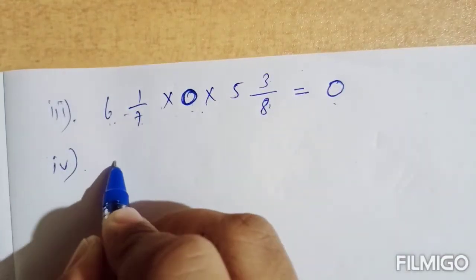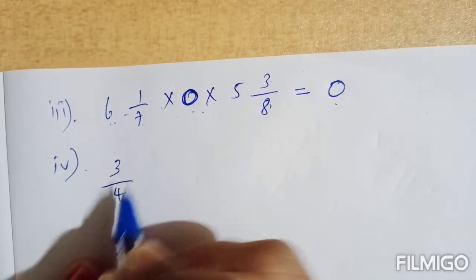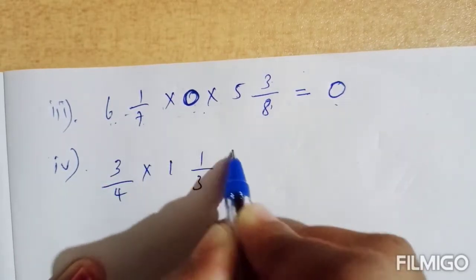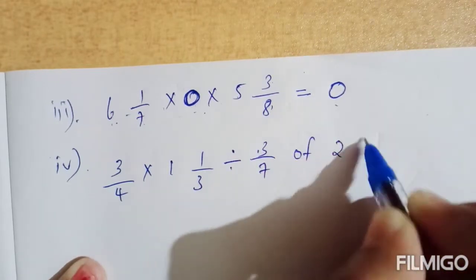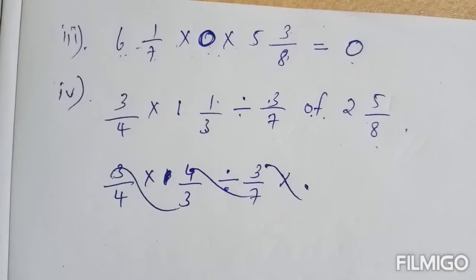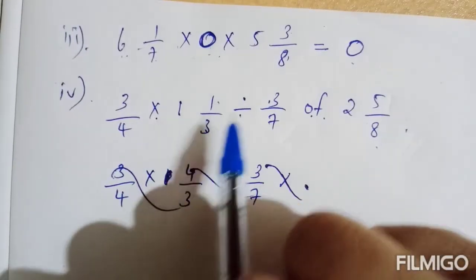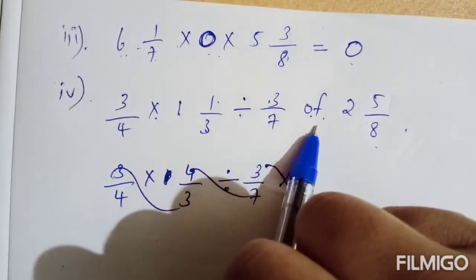Fourth one, 3/4 into 1 1/3 divided by 3/7 of 2 5/8. So here multiplication is coming, division is coming, of is coming.